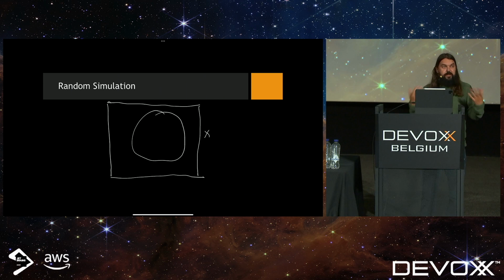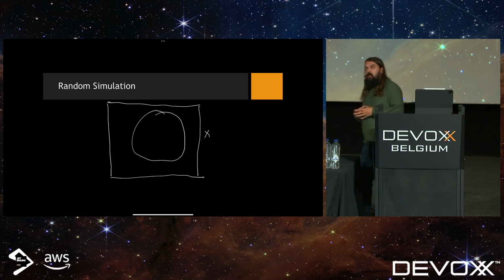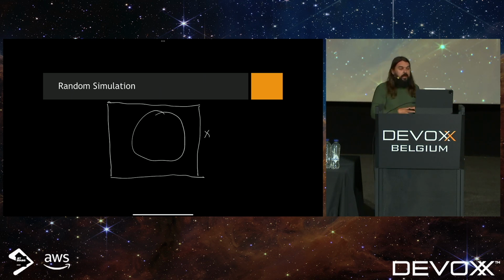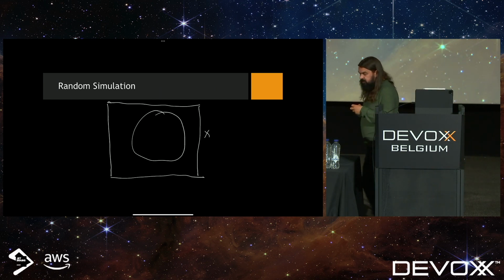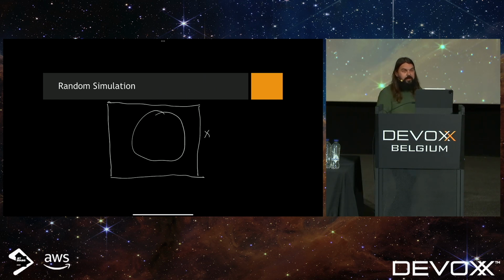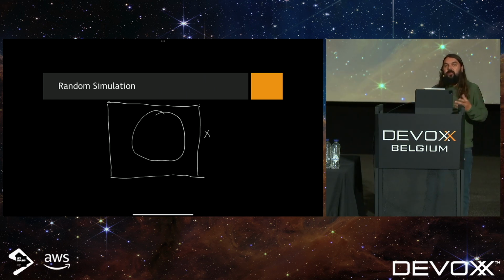Inside the square, we have a circle, and we want to know the area of this circle. We've probably all studied mathematics to a fairly high level, and we know that the area of the circle is pi r squared. But we don't know what r is, and we can't ever know what r is in this particular puzzle.